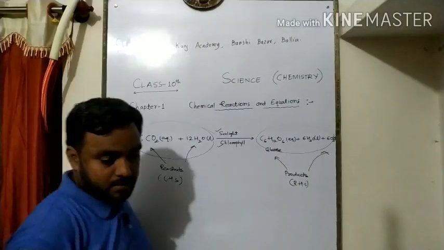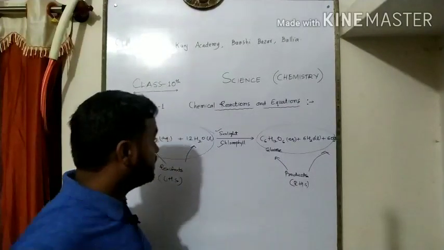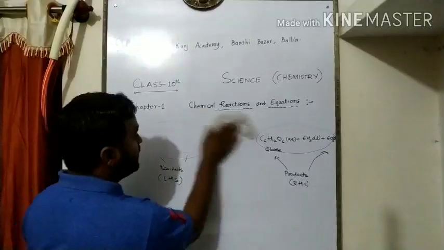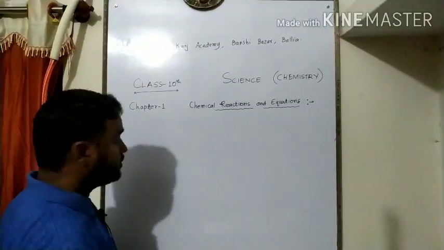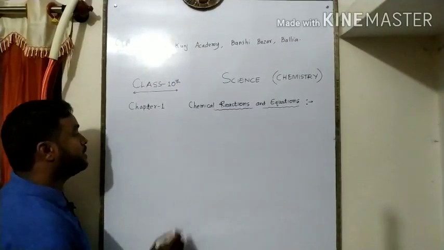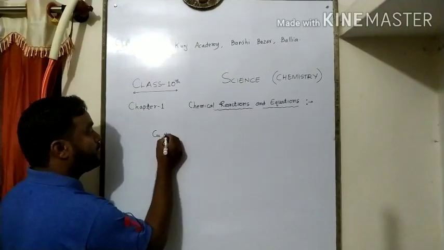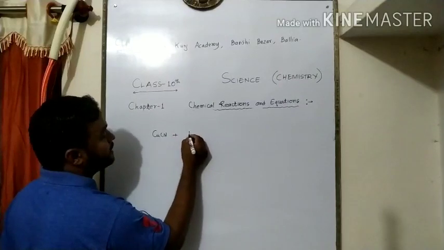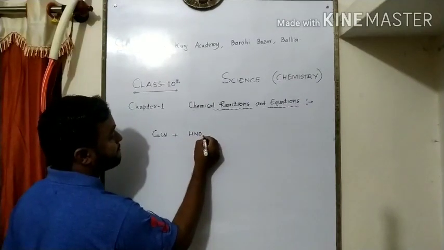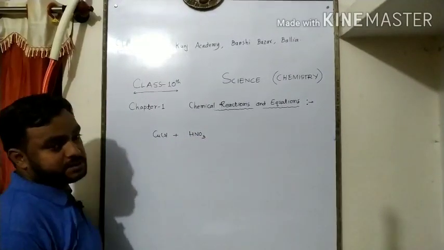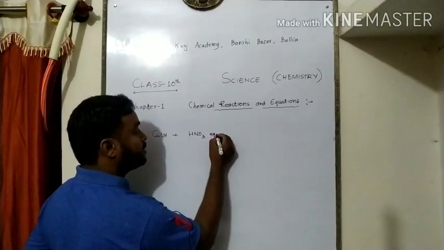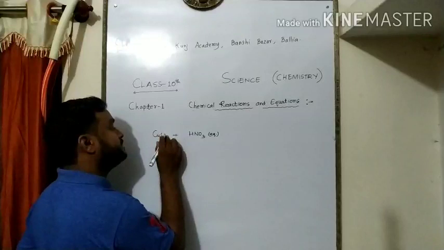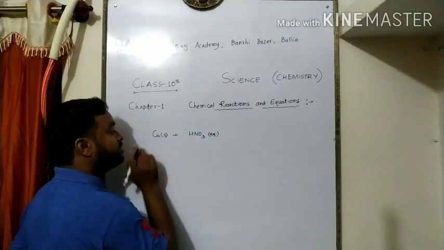Now let us take one more example of a chemical reaction, and this will definitely make us clear what chemical reactions are. Now let us dissolve this solid copper in HNO3. What is HNO3? This is nitric acid, present in its aqueous state, and copper is usually present in solid state.